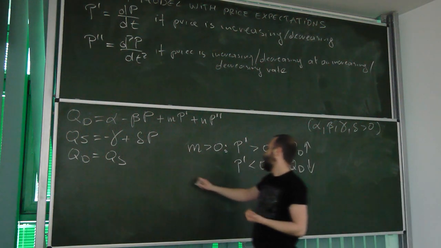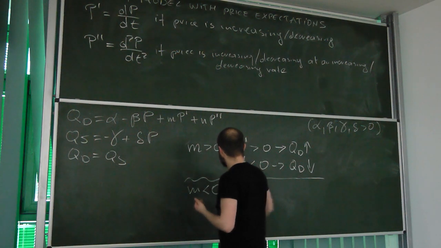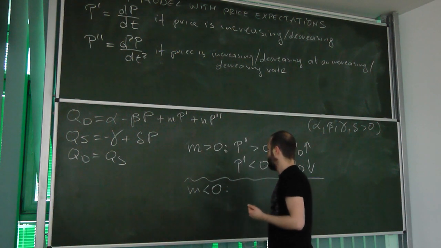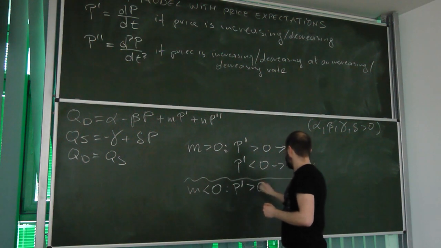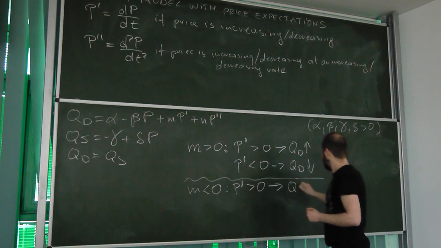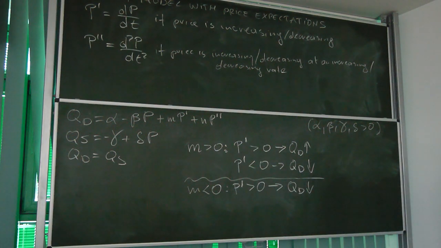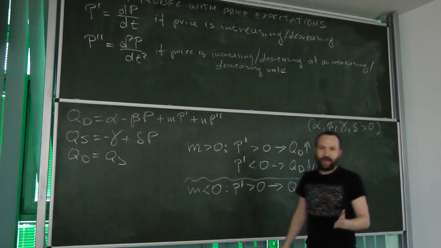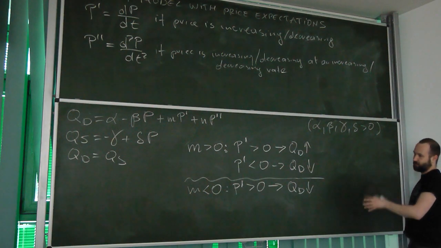Now, on the other hand, if m is lower than 0, this implies that if price is increasing, quantity demanded goes down. Well, look, it follows from the law of demand. But here, we have another explanation for this.